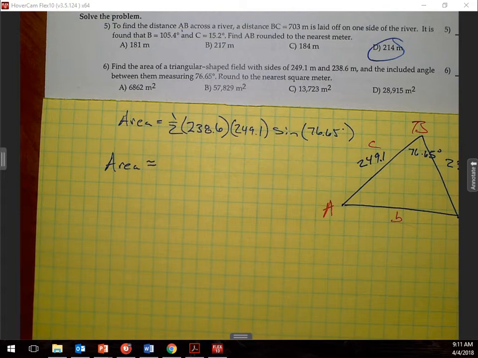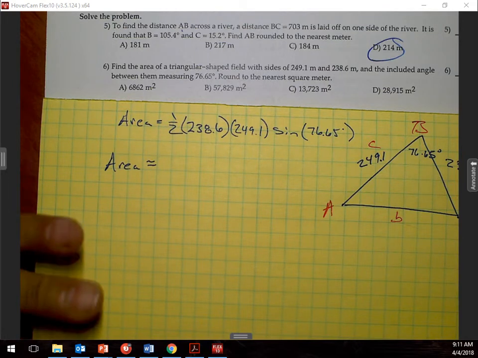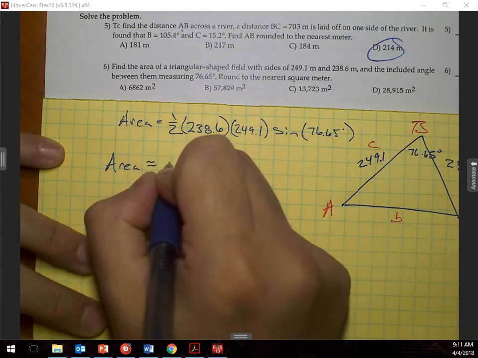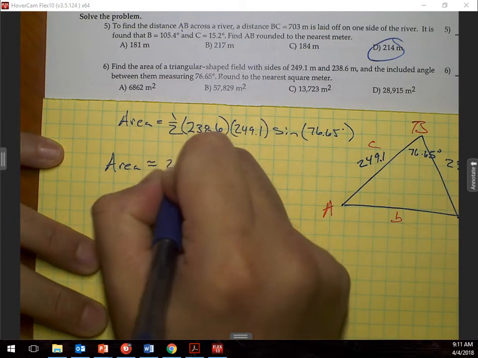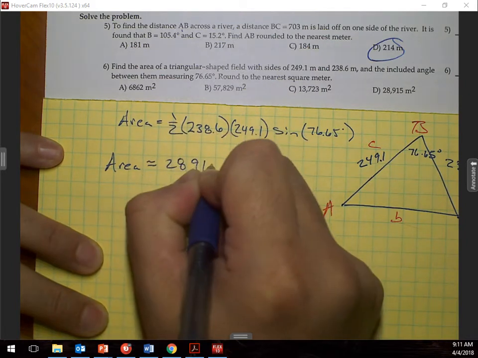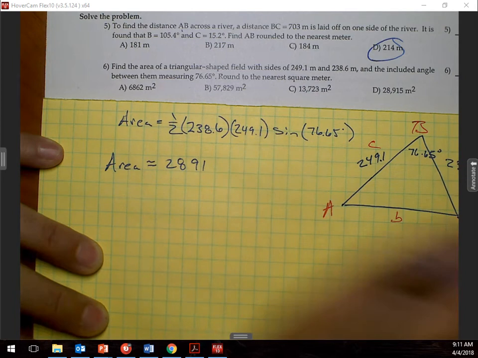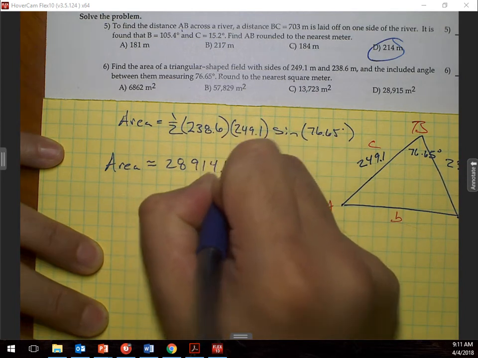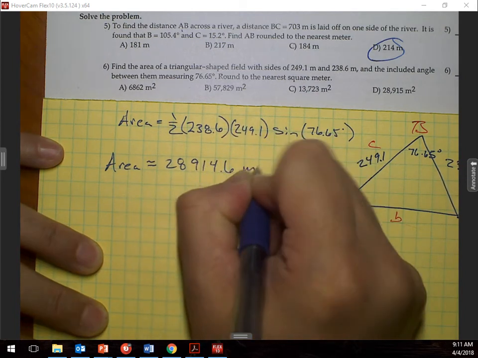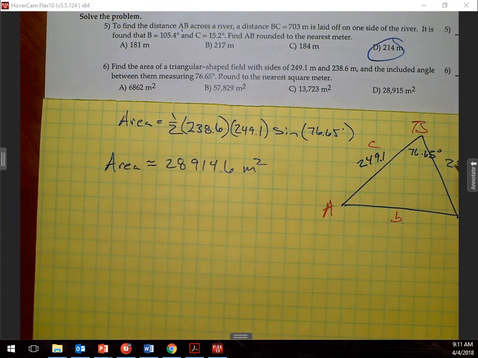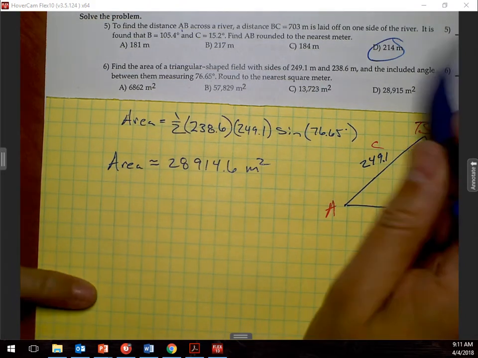All right, let's keep going. So what do we get for the area? 289.14 point what? 0.6. So what is it going to round to? 289.